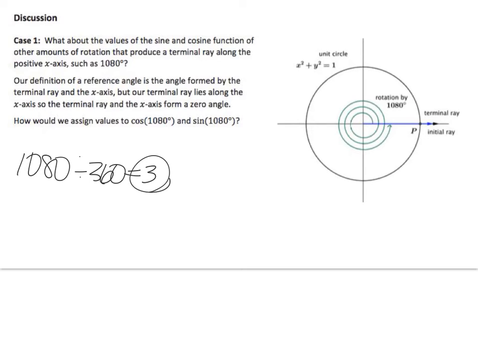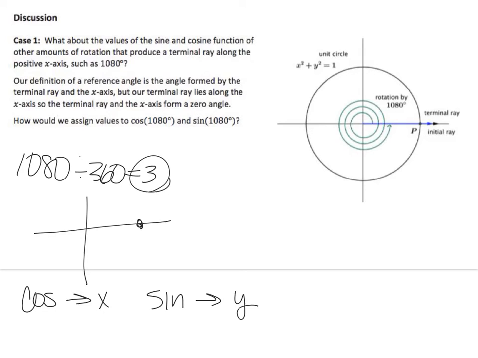How would we assign values to cosine of 1080 and sine of 1080? Well, we're back at the x-axis. If you remember, cosine values are the x values and sine values are the y values.